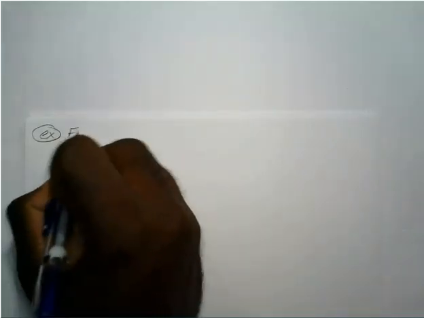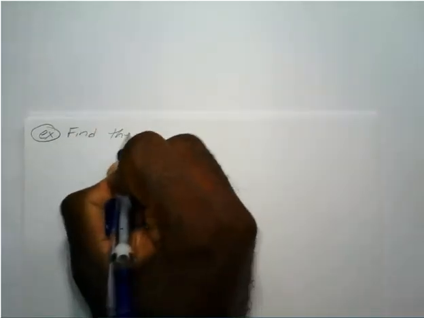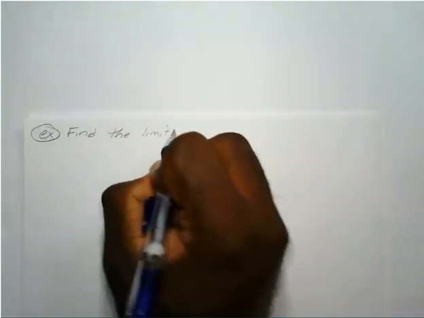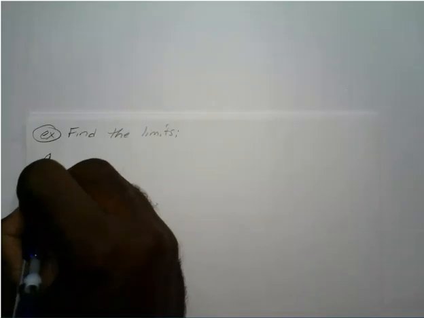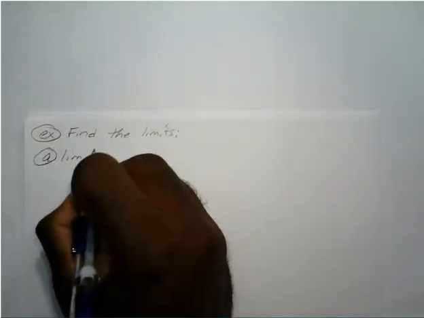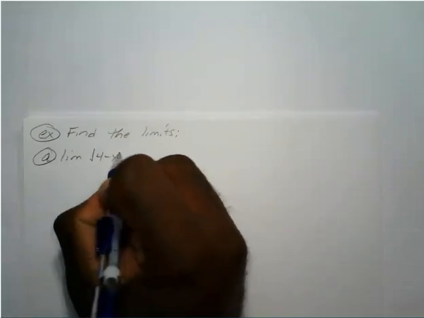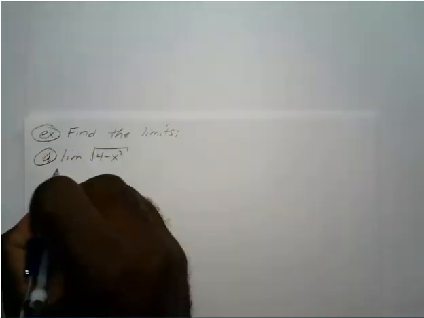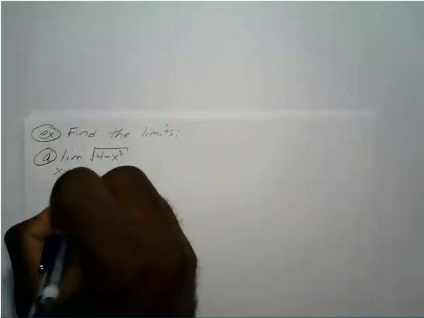Alright, so let's say for example we wanted to find the limits. For problem A, that would be the limit of the square root of 4 minus x squared as x approaches 2 from the right.